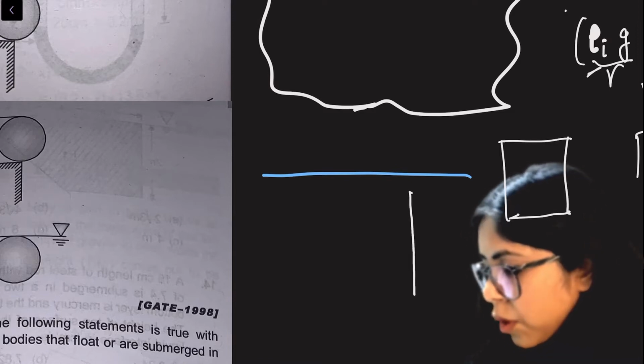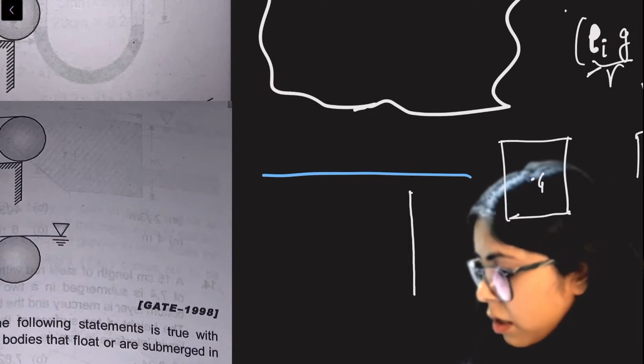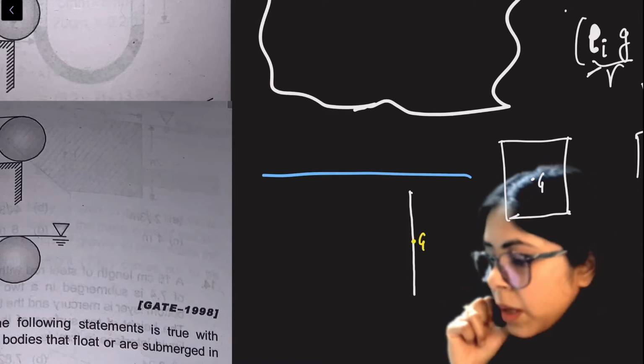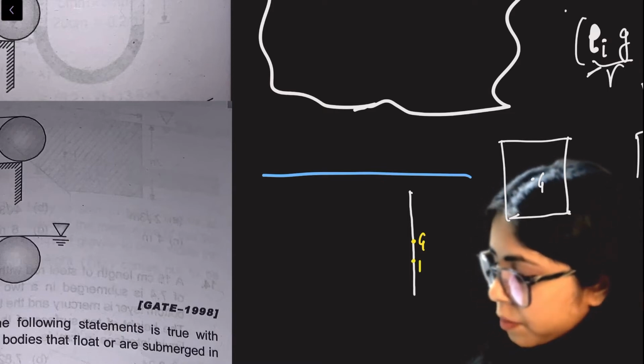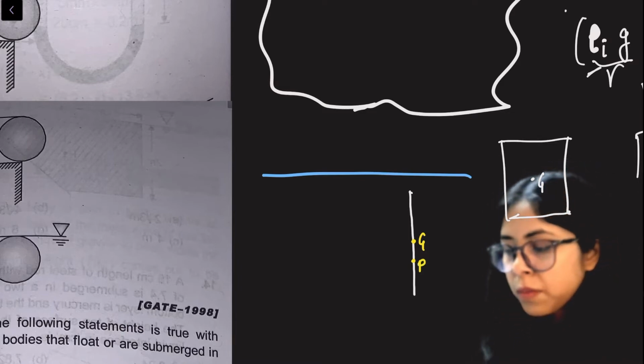So if the body is vertically submerged, CG will be somewhere like here. I will put the CG here. They are saying the center of pressure lies below G. So this is the center of pressure. They are saying it is always below G.